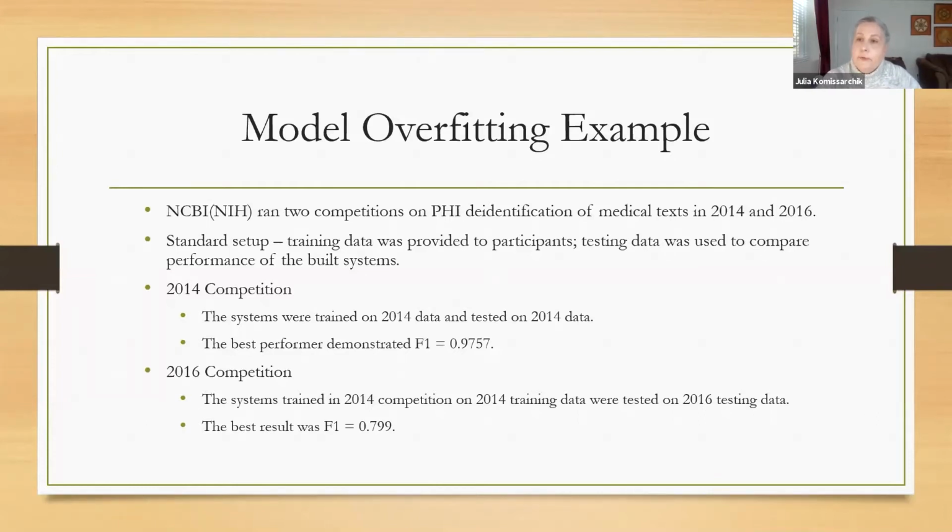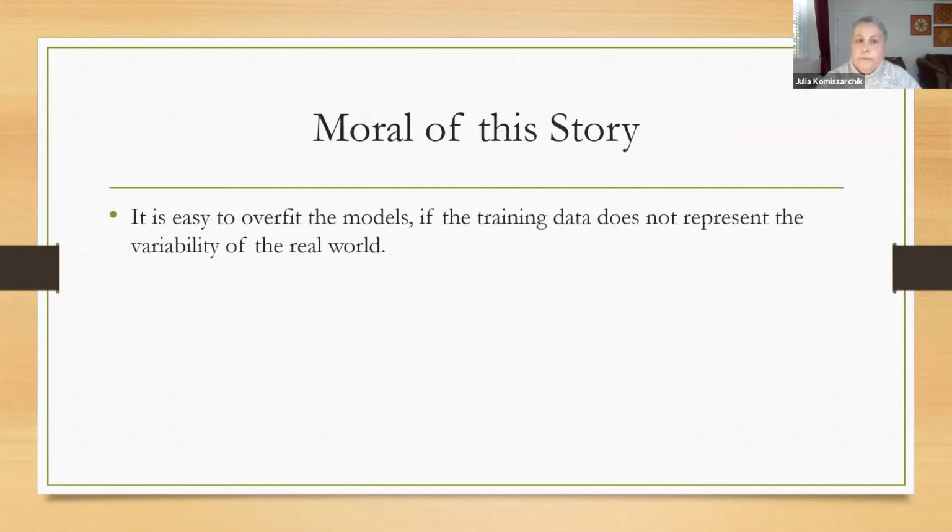So that's an example of where if the system is not trained on all the variability of different real world situations, the results would be good on the known set, but will not be as good on the new set. So moral of the story, easy to overfit if you don't have enough data to represent the real world with all its diversity.